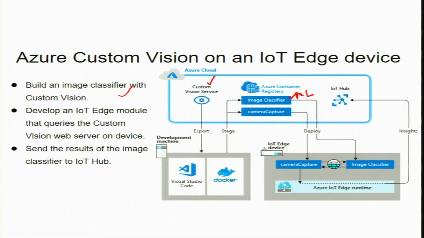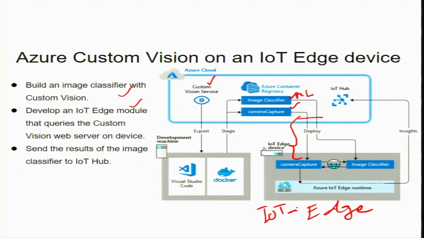Now, let us see how this IoT edge module will be prepared. First this image classifier is to be built, and then the camera module which will be taking the new images is identified, and these together are prepared as a container, and using Docker it will be deployed into the edge. So, this is the edge, this is the IoT edge.